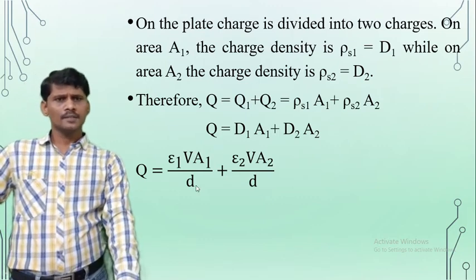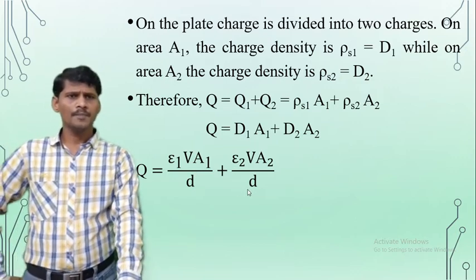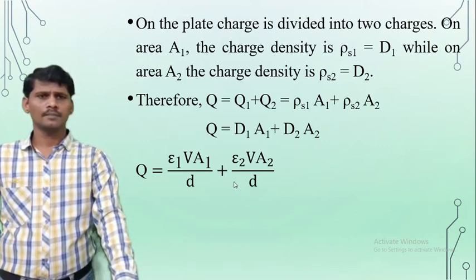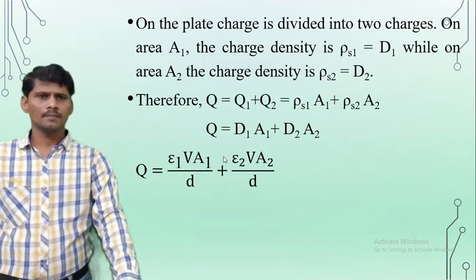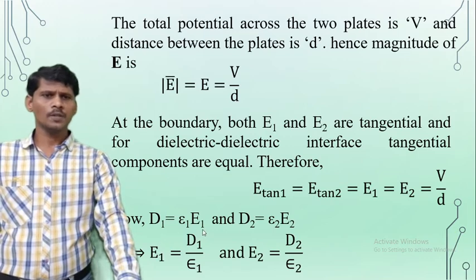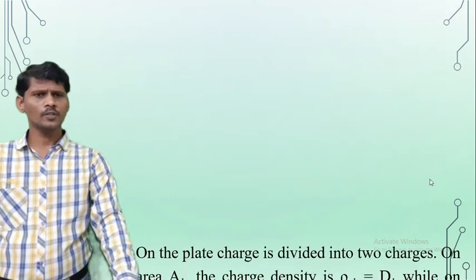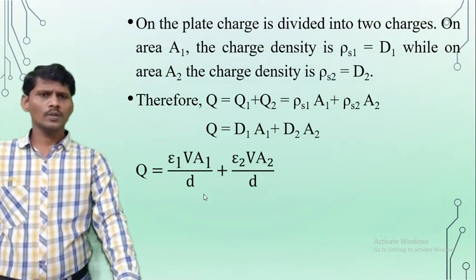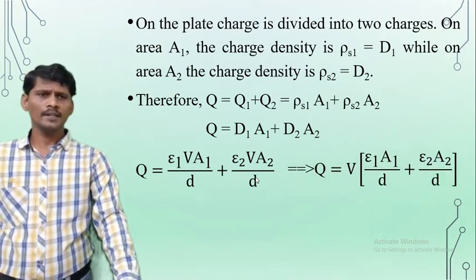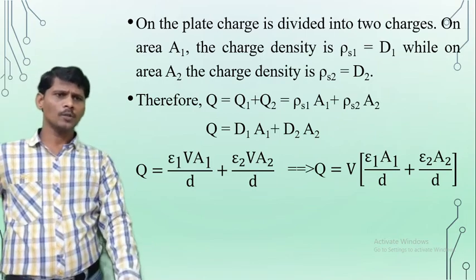D1 is equal to epsilon 1 E1, which is equal to epsilon 1 V by D, and D2 is equal to epsilon 2 V by D. So therefore, charge Q is equal to epsilon 1 V A1 by D plus epsilon 2 V A2 by D, that is equal to V into epsilon 1 A1 by D plus epsilon 2 A2 by D.